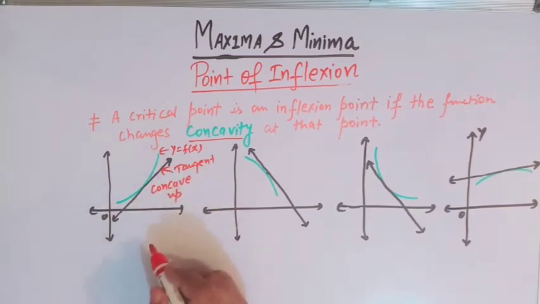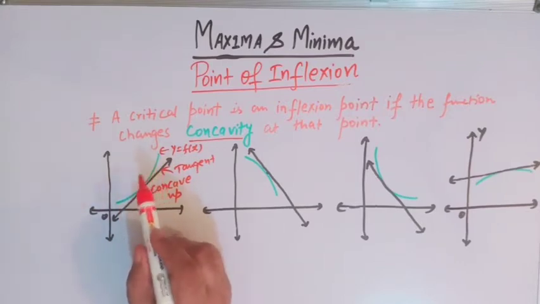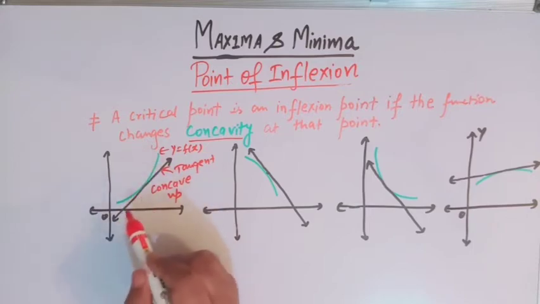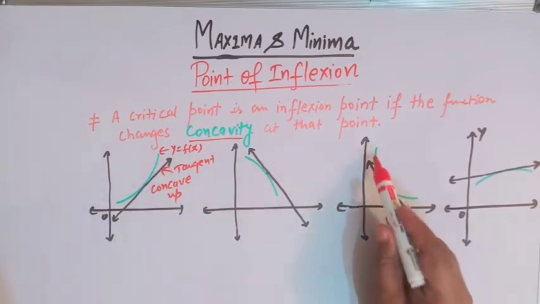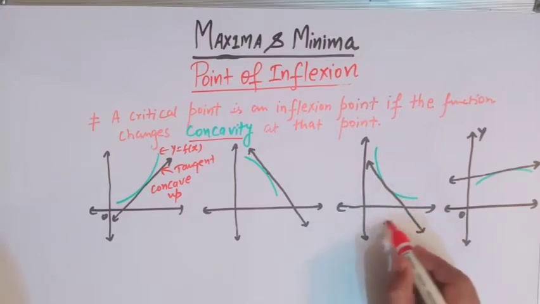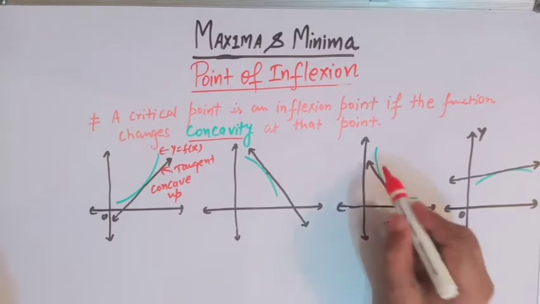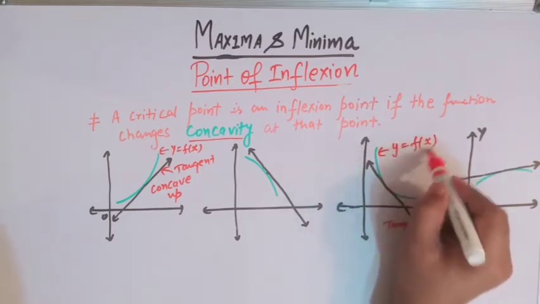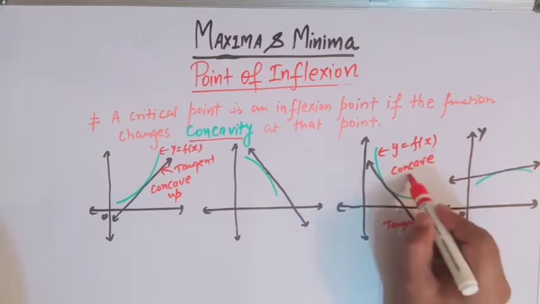So a graph is said to be concave up if the tangent line to the graph lies below the graph. And here also this is the tangent line, and it lies below the graph, and this is y is equal to f of x. So this is also concave up.